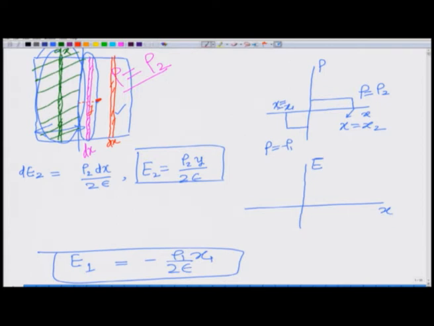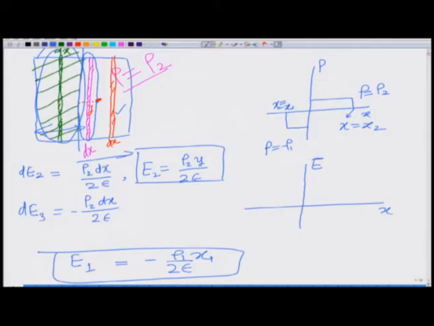So if I write that as dE 3, dE 3 is equal to minus rho 2 dx, the equivalent surface charge density, divided by 2 epsilon. And if you integrate this dx, the whole thing is x 2 minus y, so you will get minus rho 2 times the thickness, x 2 minus y, divided by 2 epsilon.